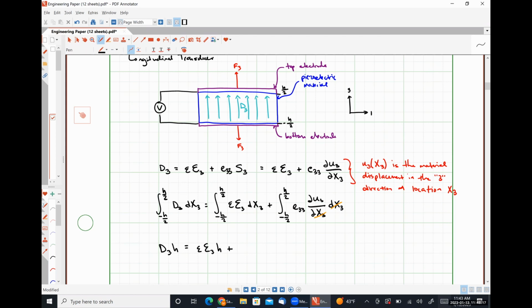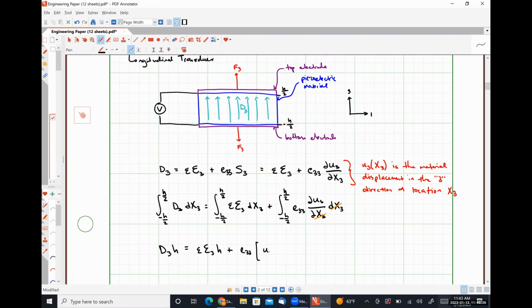And now I'm going to pull the e33 term. So that's our anisotropic piezoelectric coefficient in the 3 direction. And when I do this integral, I'm integrating du3 from negative h/2 to h/2. And so this is going to look like u3 at location h/2 minus u3 at location negative h over 2.